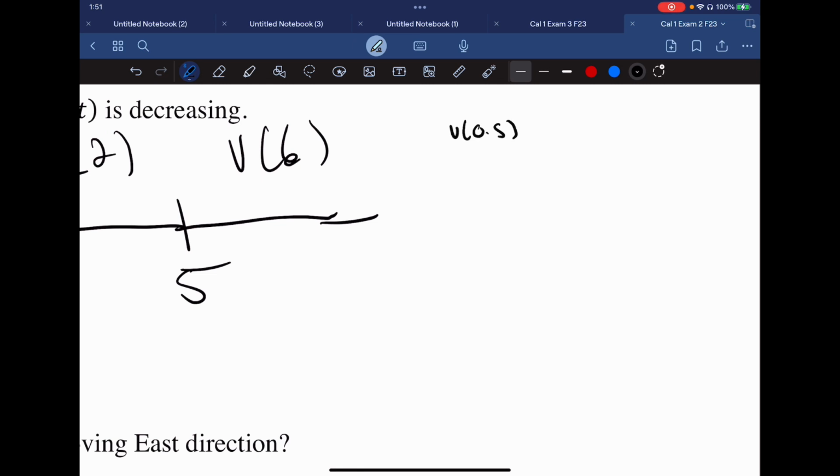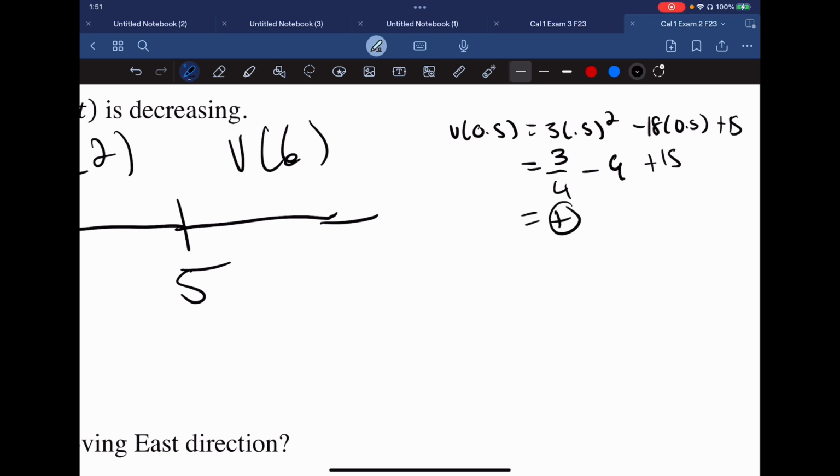V of 0.5 equals 3 times 0.5 squared minus 18 times 0.5 plus 15. This is going to equal 3/4 minus 9 plus 15, and all this is going to equal a positive number.